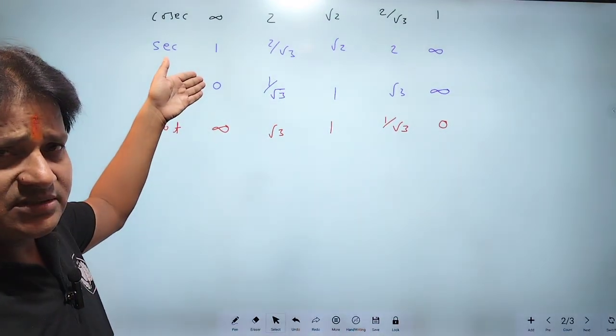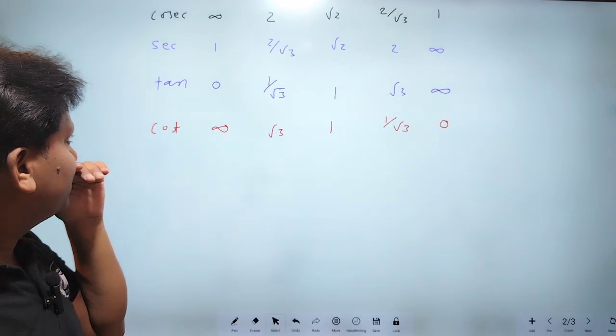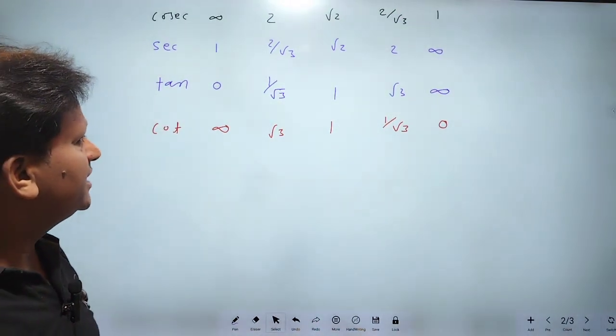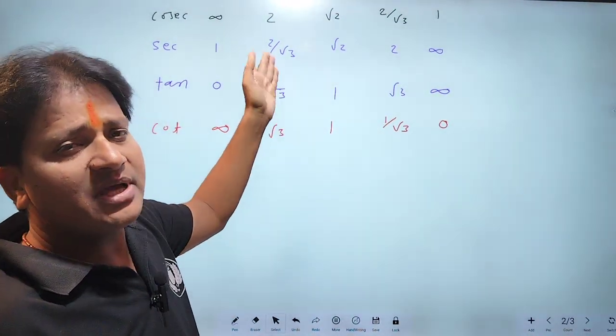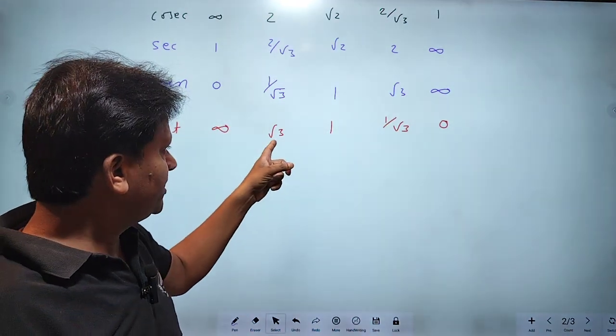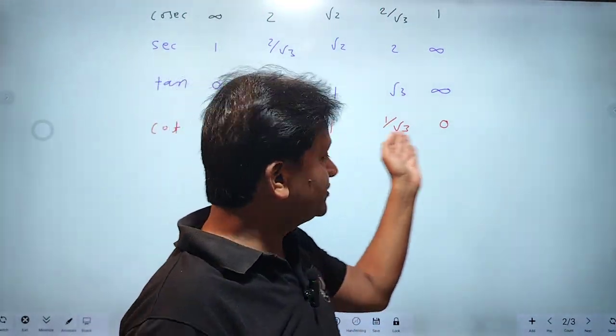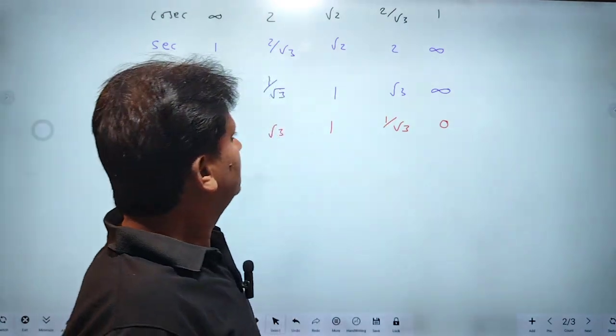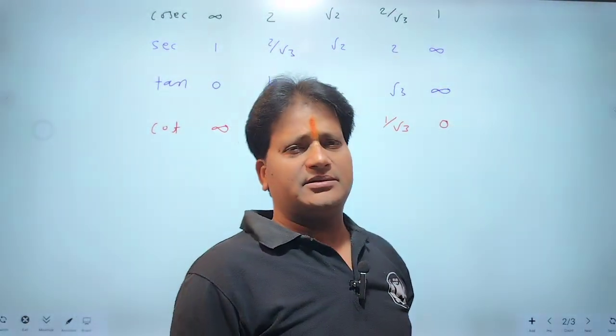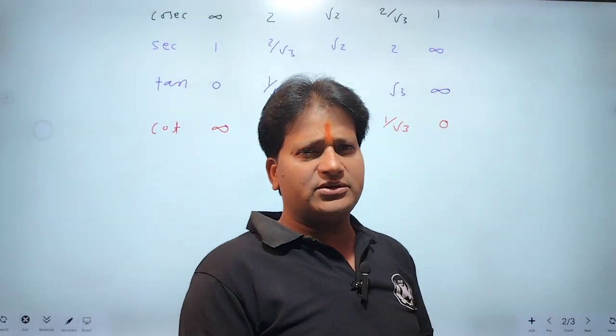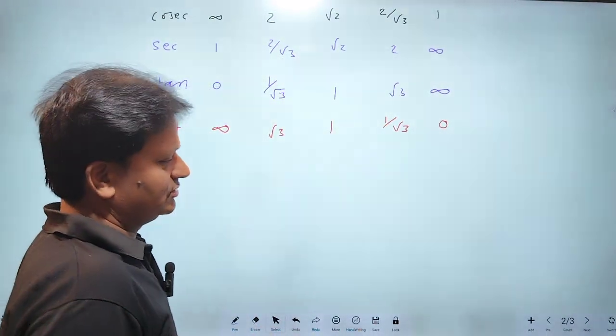Reciprocal of 0 means 1 by 0, and 1 by 0 means infinite. Reciprocal of this means 1 by root 3, which will be equal to root 3, and so on. Okay? Reciprocal of infinite, 1 upon infinite, will be equal to 0. Got it?